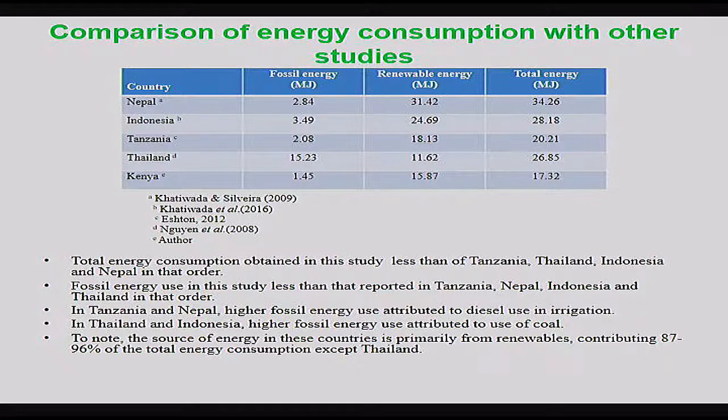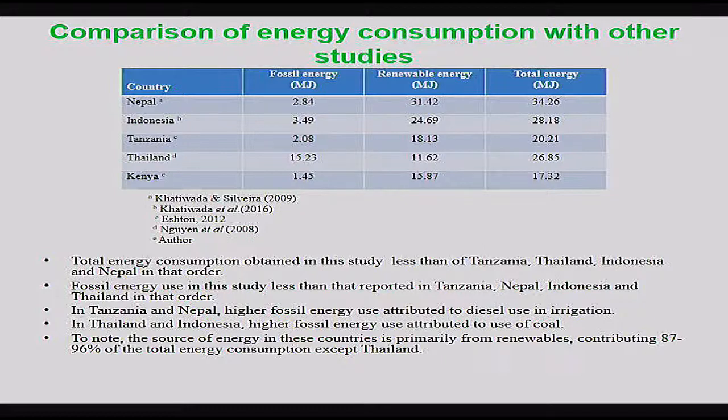From this, you can see the fossil energy used in this study, again, is less than that reported in Tanzania, Nepal, Indonesia, and Thailand in that order. Now, in Tanzania and Nepal, the high fossil energy use is attributed to the use of diesel for irrigation purposes.